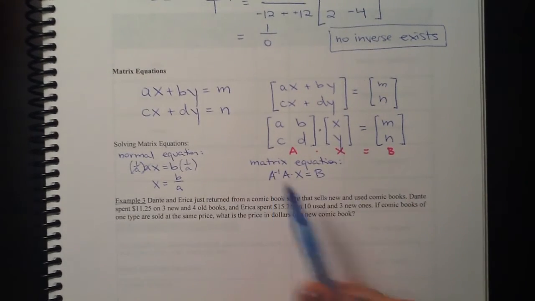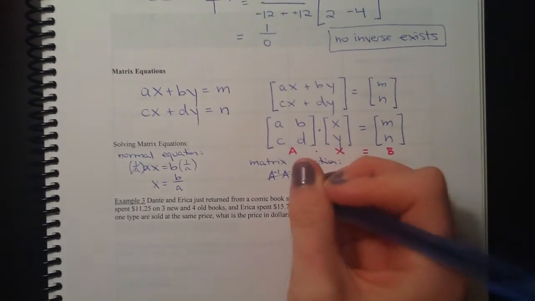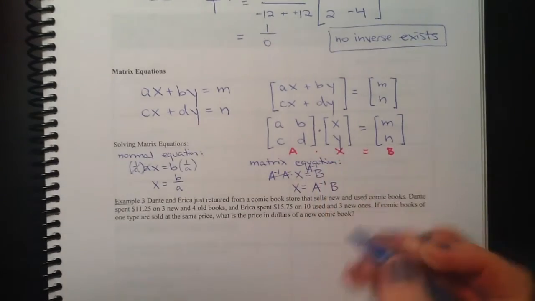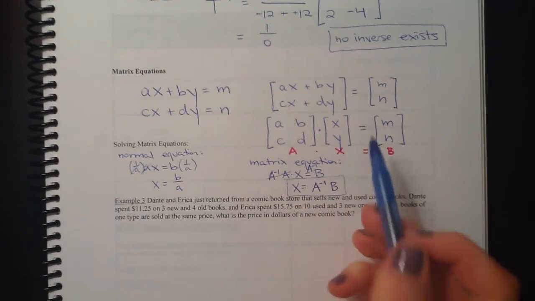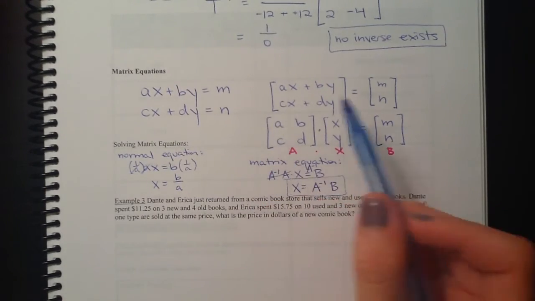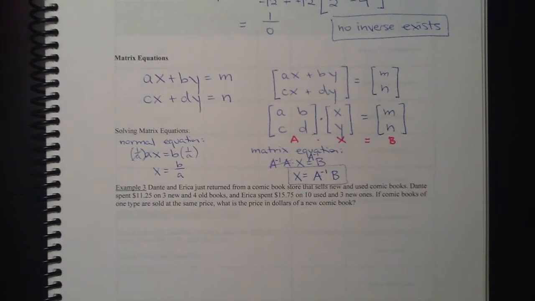So if you're going to multiply this one on the left, we have to multiply this one on the left. So these two will cancel out. We'll have the X by itself, and we'll have A inverse times B. So to figure out what x and y are, aka to get this matrix by itself, we left multiply each side by A inverse. Okay, so that's our basics. That's how we're going to go through and solve these. So the solution ends up being the product of the inverse times the constant matrix.